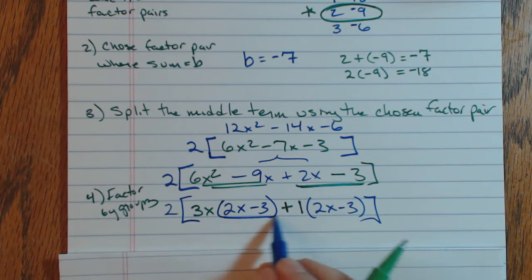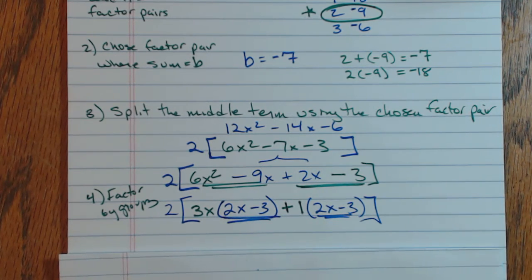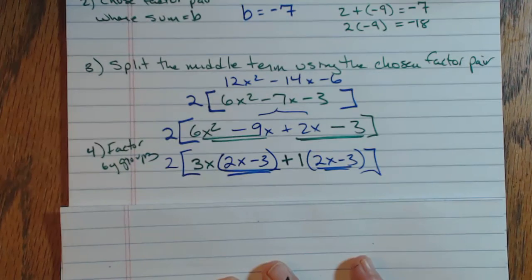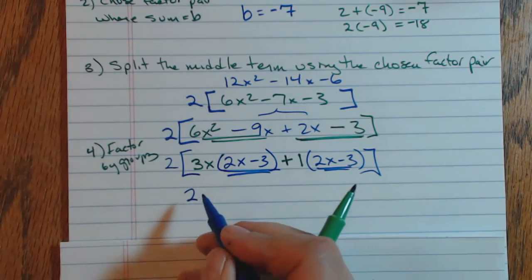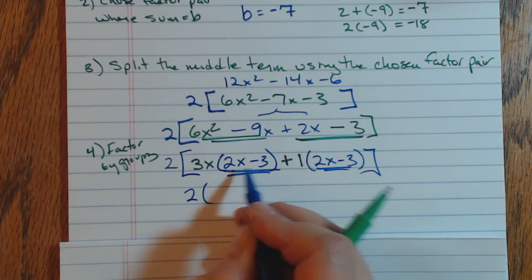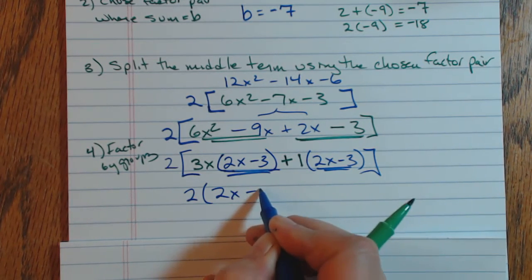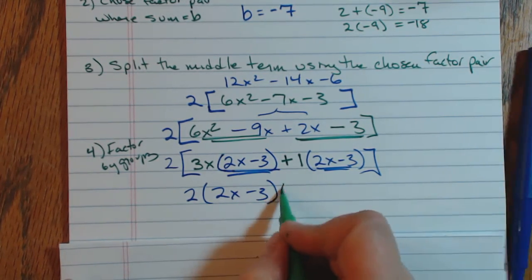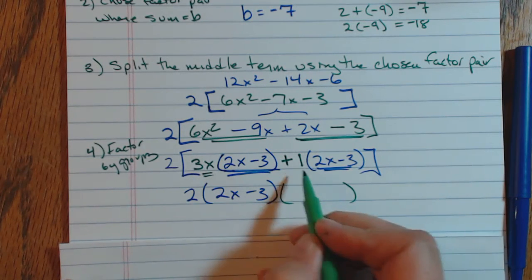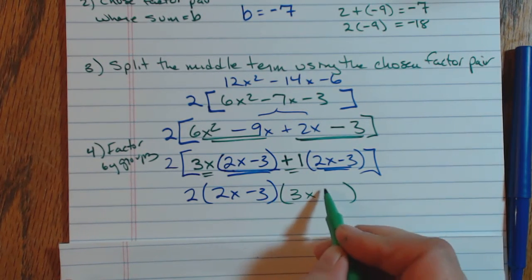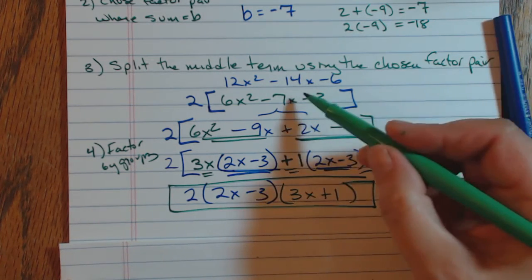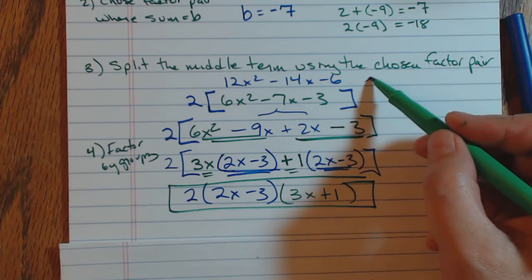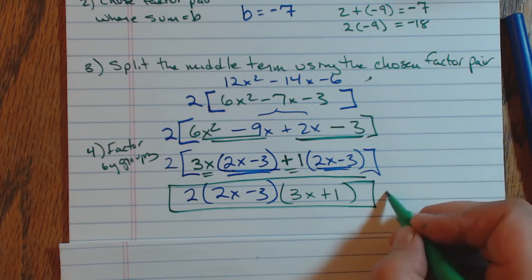Now I see these matching factors, so I can complete my factorization. I have the 2 that I've had out in front, and then I have this binomial 2x minus 3, and my other binomial is what is left, 3x plus 1. So here's the factorization of 12x squared minus 14x minus 6. That is my answer.